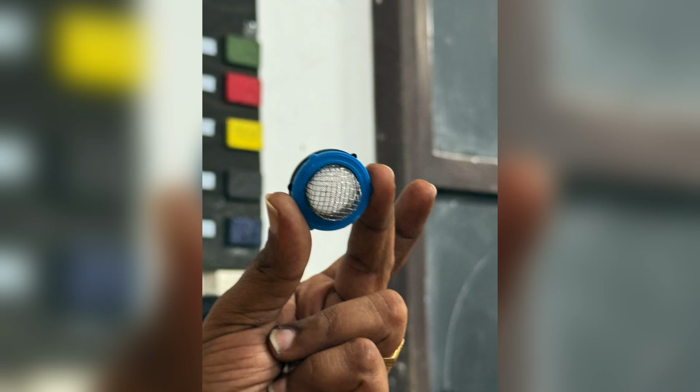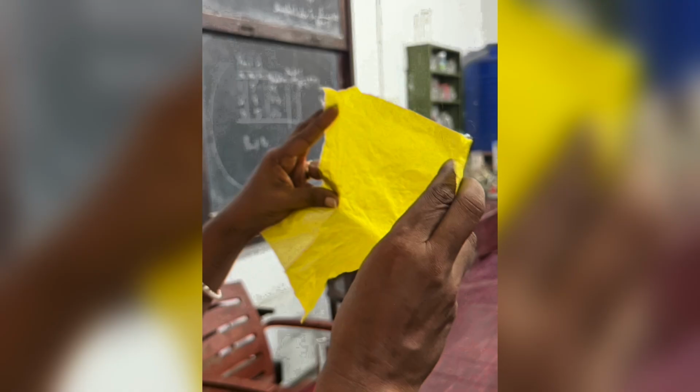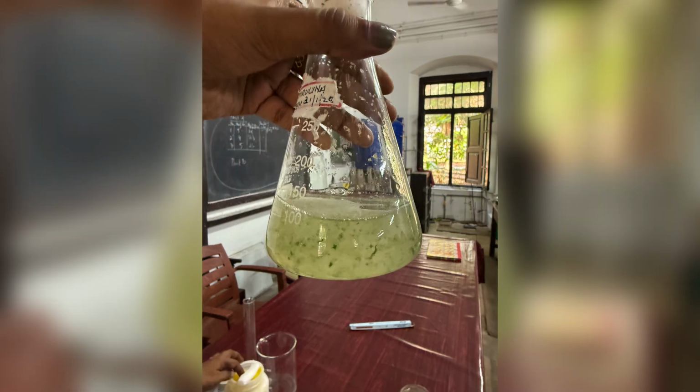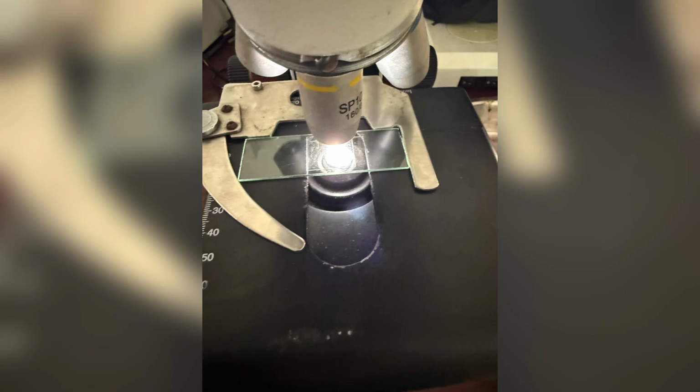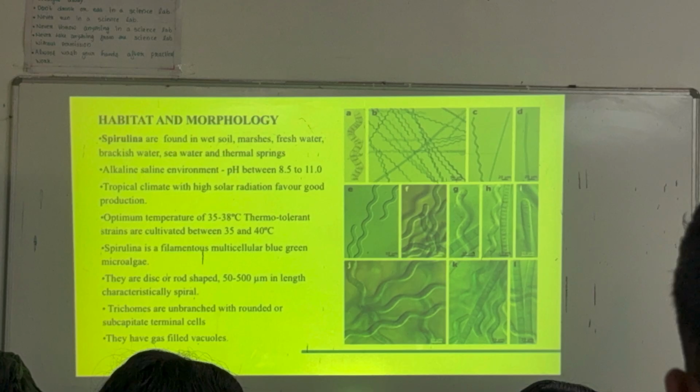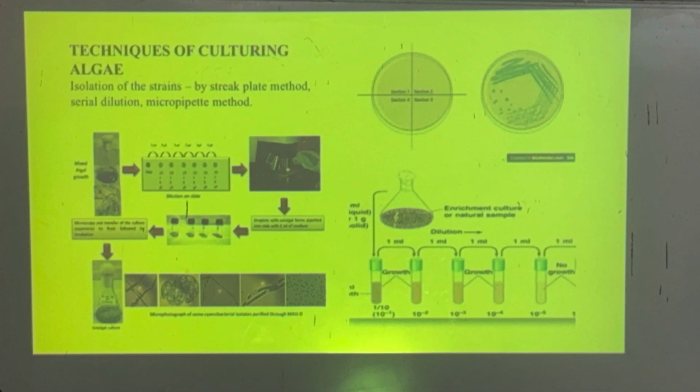Bacteriologists still consider them as bacteria. That's why they are called cyanobacteria, but they show photosynthesis, they are photoautotrophs, hence they are included under algae.